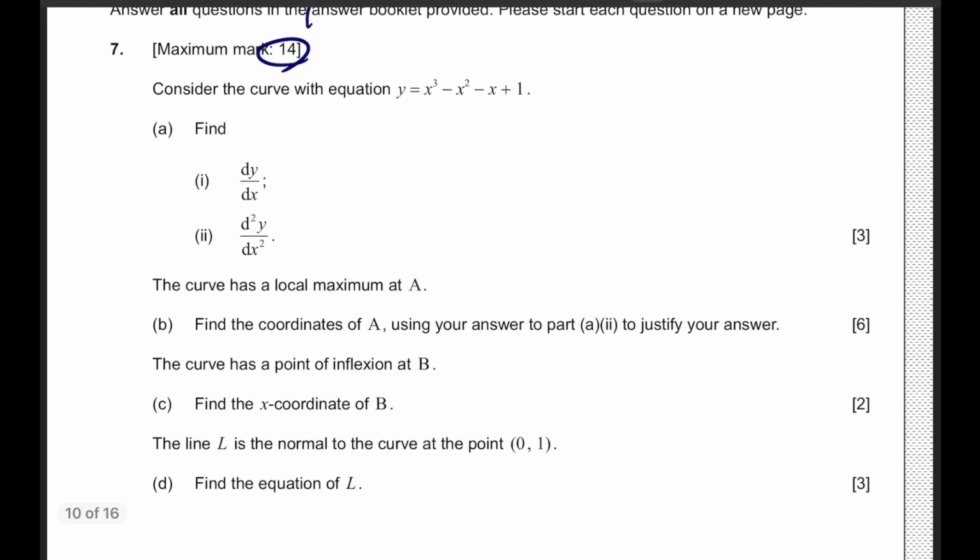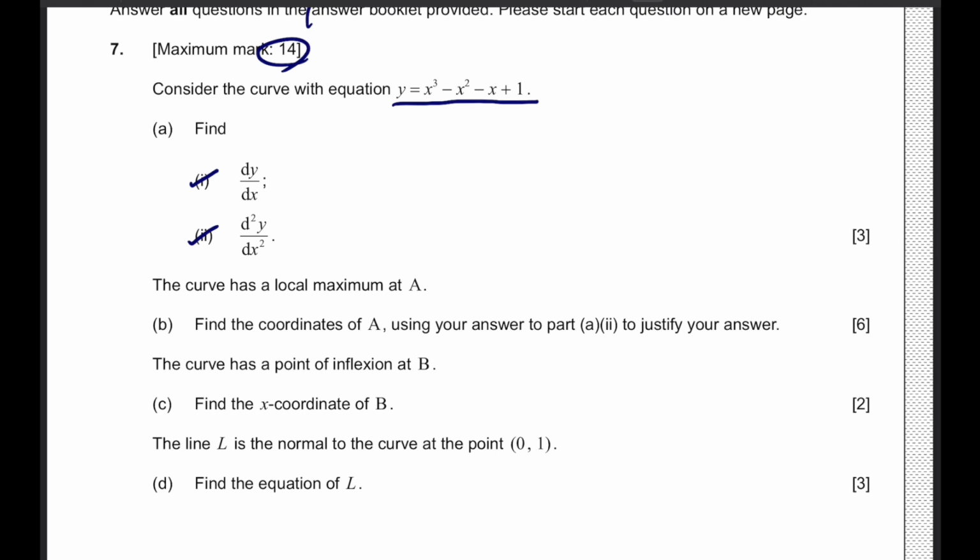We have to consider the curve with the equation y equals x cubed minus x squared minus x plus 1. In question A, we need to find the first derivative and the second derivative of the function y.